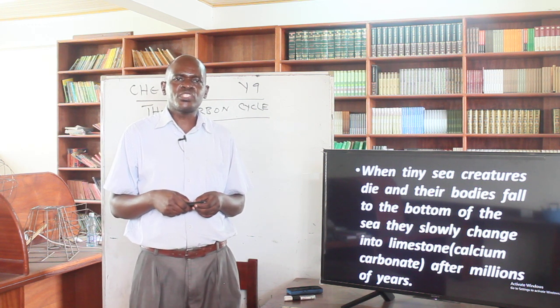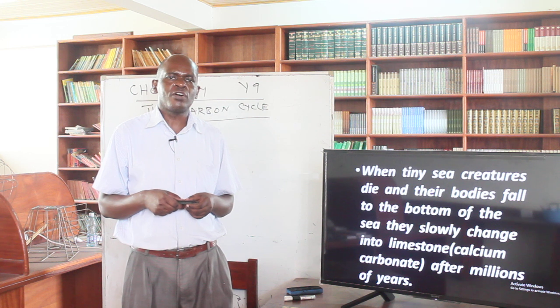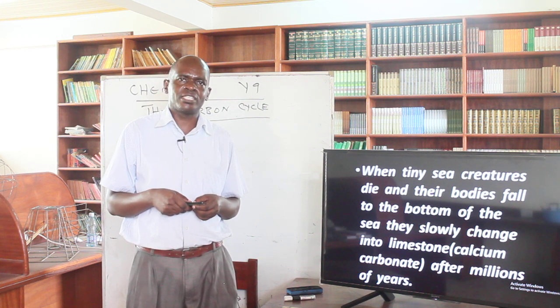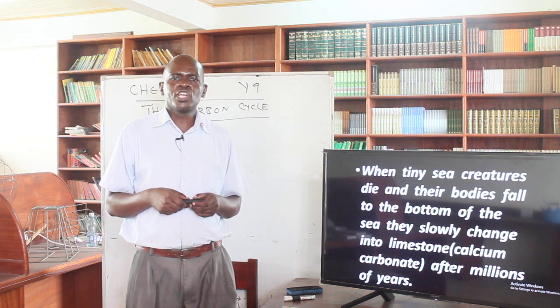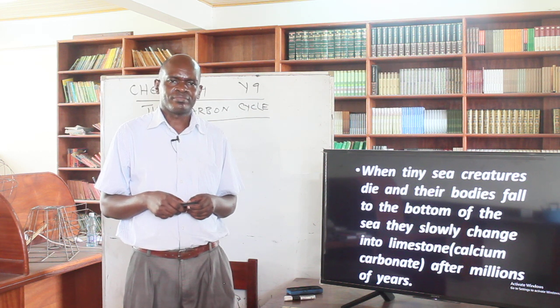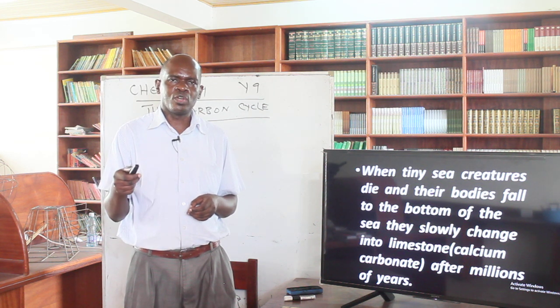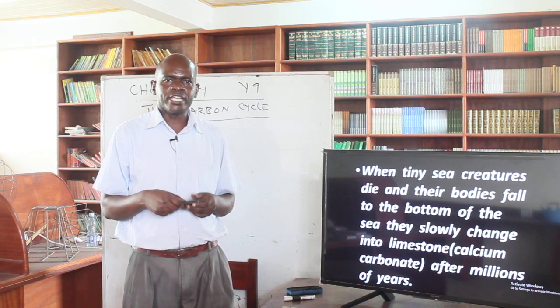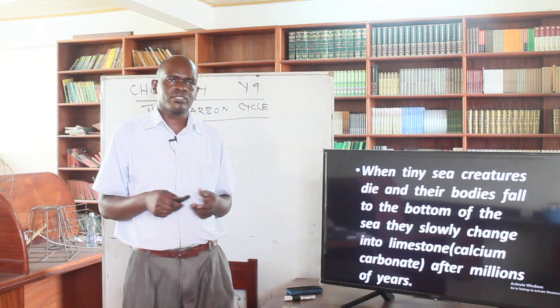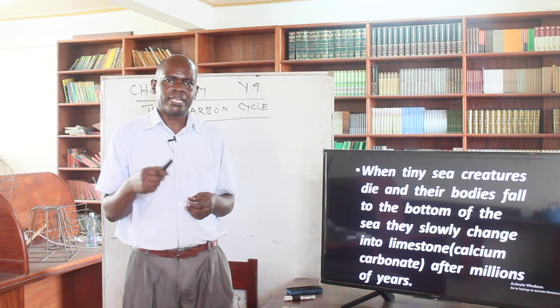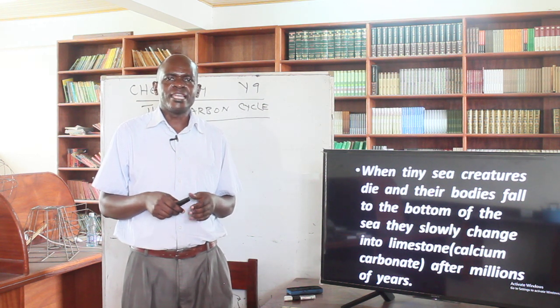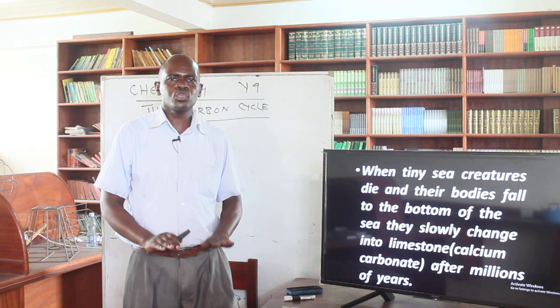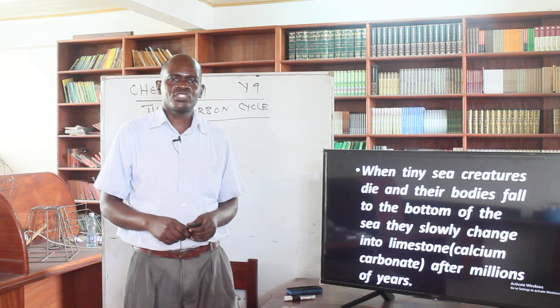Now, when the tiny sea creatures die and their bodies fall to the bottom of the sea, they slowly change into limestone after a very long time, several millions of years afterwards. That means we have some sea creatures that, once they die, their bodies descend to the bottom of the sea.